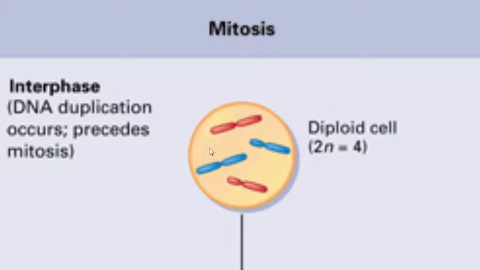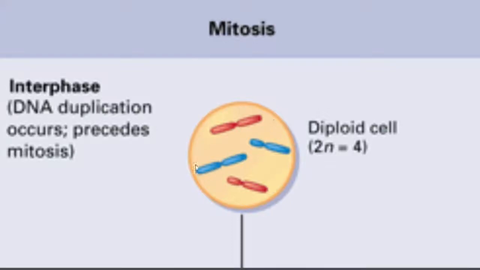So this one may have a gene for hair color and eye color, and on the other one in the same position we'll find a gene for hair color and eye color. But we might find slightly different versions of those genes. Slightly different versions of a gene we call alleles. So homologous pairs carry the different alleles, the different versions of a gene.